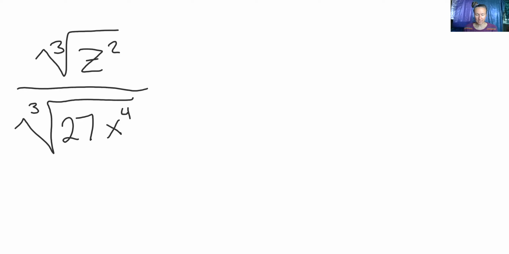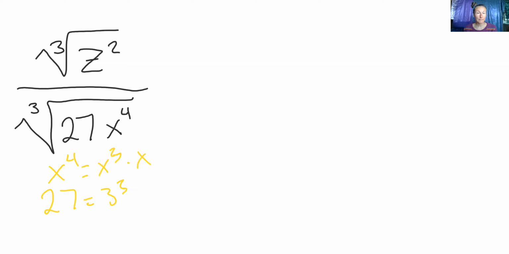In the denominator, 27 is actually 3 cubed. So notice that 27 equals 3 cubed. All right, and x to the 4th is actually x cubed times x, right?